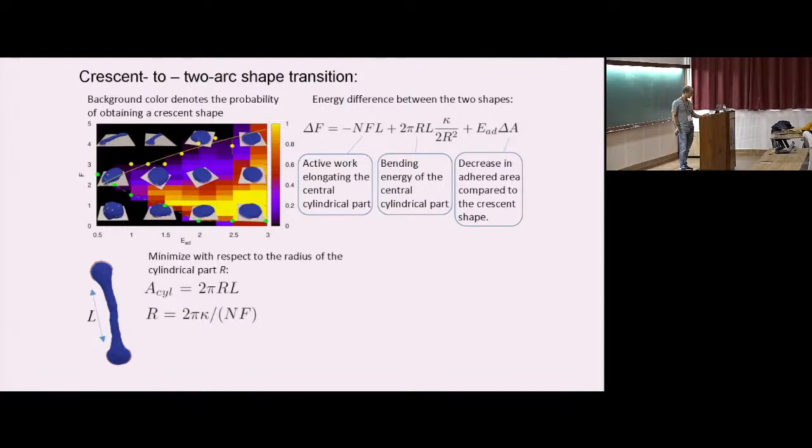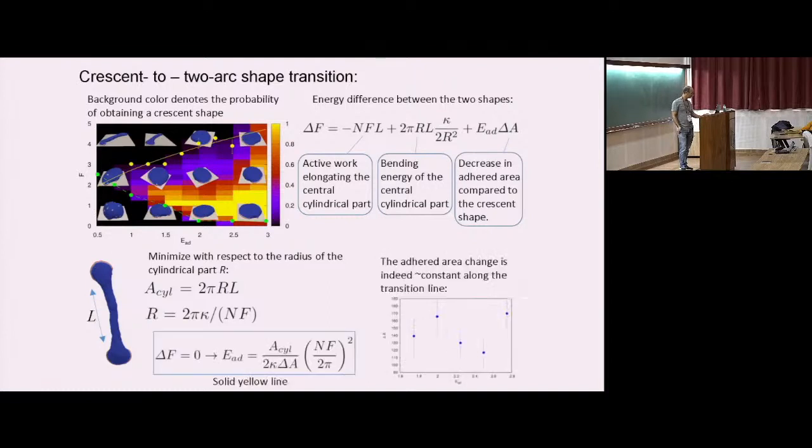So unlike all the others, when we do this estimate, we find numerically that this area difference between the two shapes is rather constant. There's no big difference as you go along this transition line. Because we can treat this delta A as roughly a constant, we can actually calculate the relation between the adhesion energy and the force, which will give us this critical line.